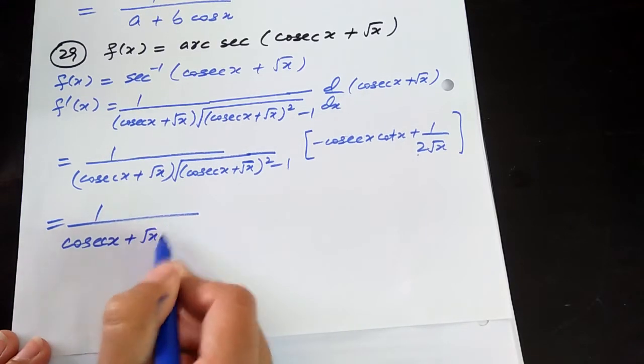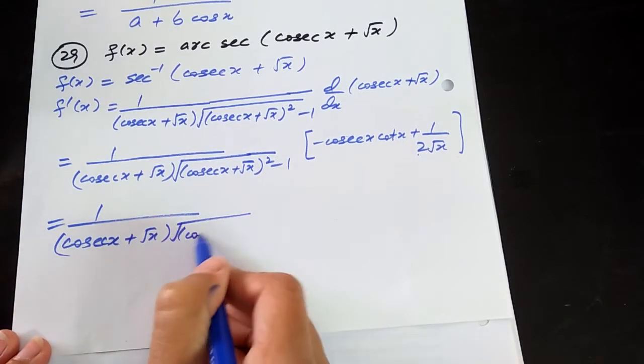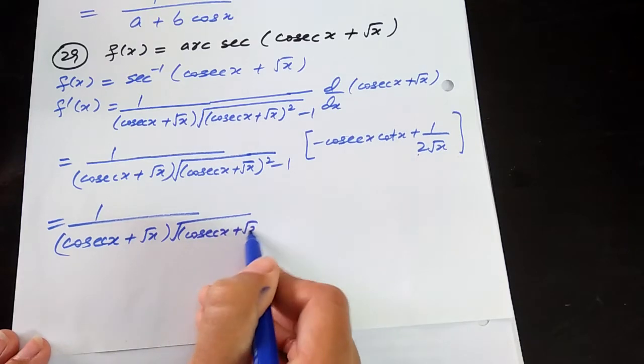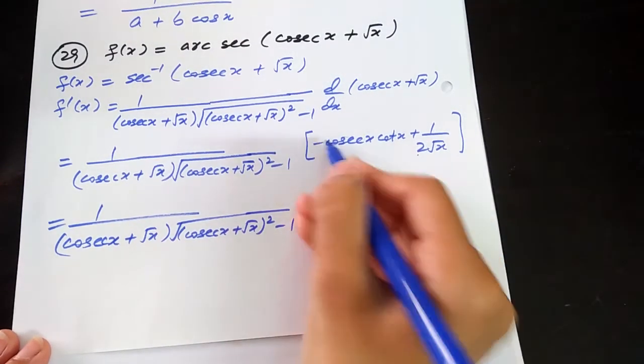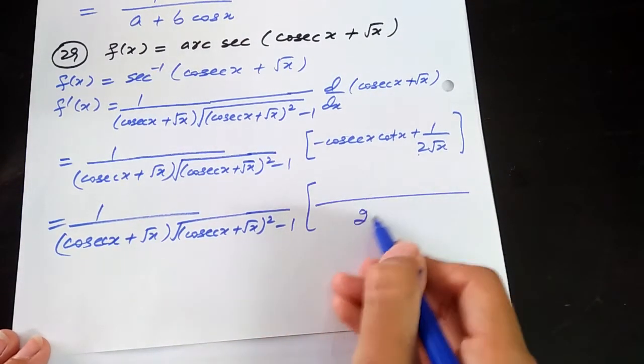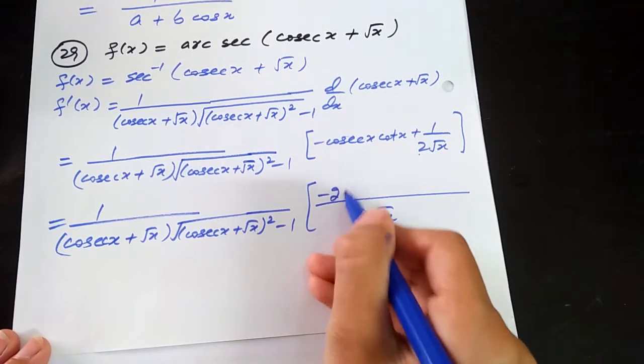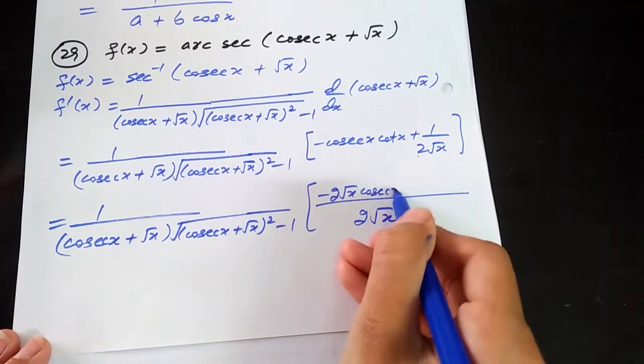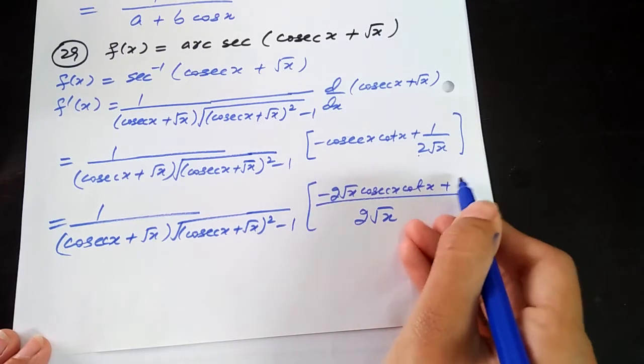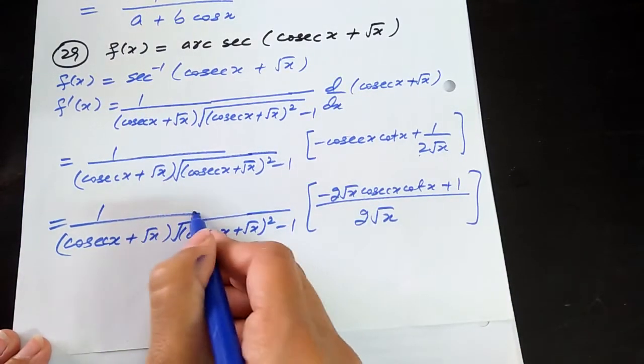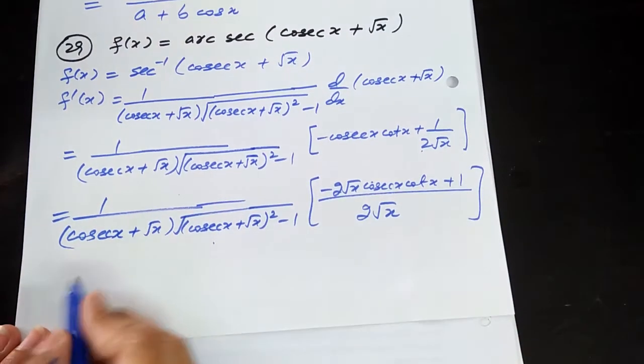Cosecant x plus under root x into under root cosecant of x plus under root x whole square minus 1, and take LCM here, we'll get here 2 under root x minus 2 under root x cosecant of x cot of x plus 1. Now numerator will be multiplied with the numerator and denominator with the denominator.